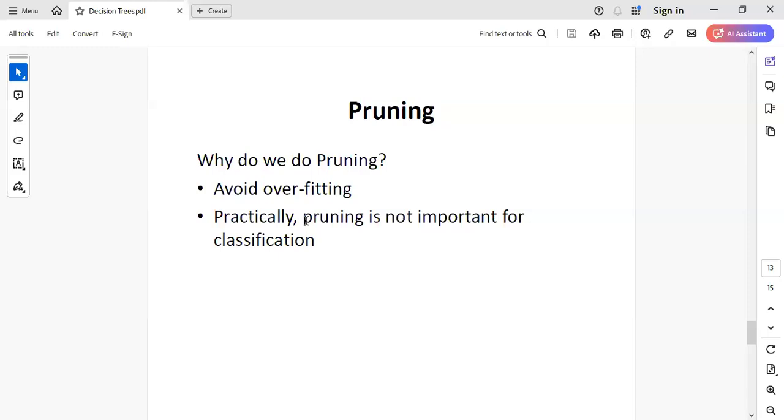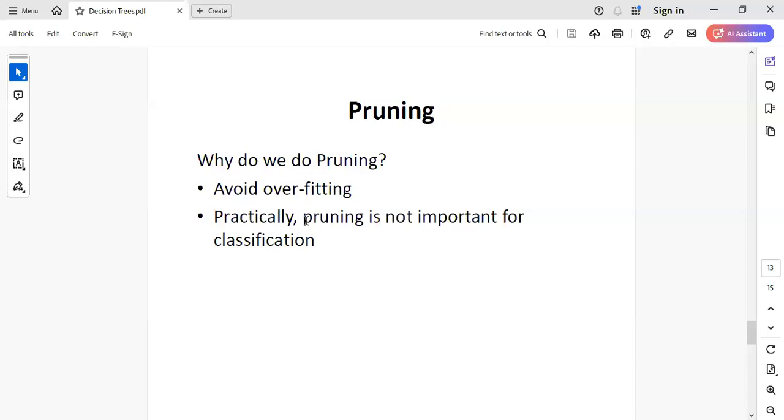But when it is overfitting, the work becomes easier by converting that error into a table, and we can cut at the location where the error is. So this is all about our decision tree algorithm.